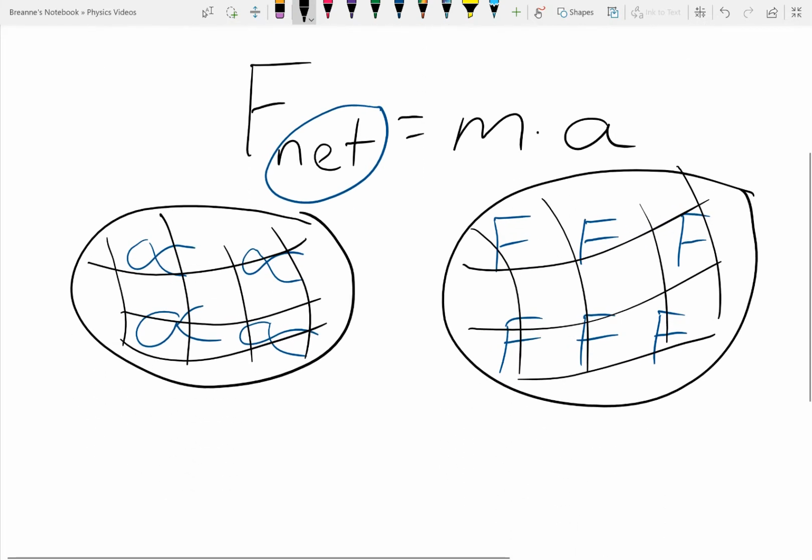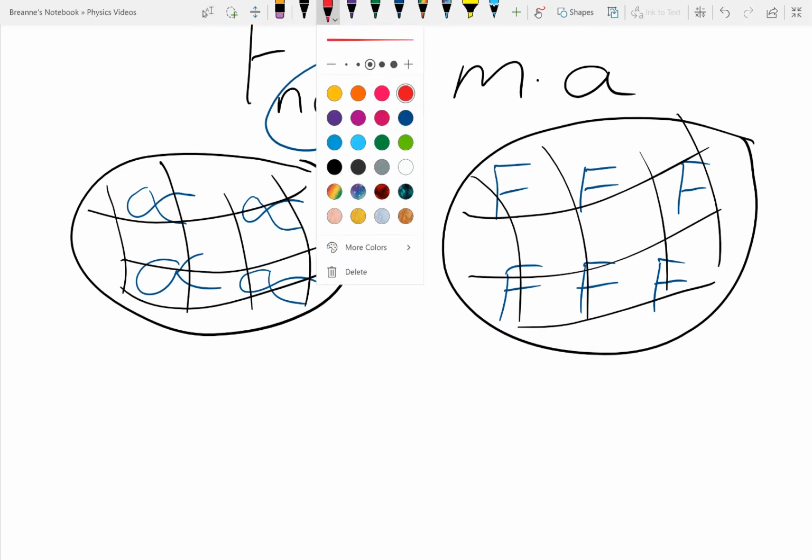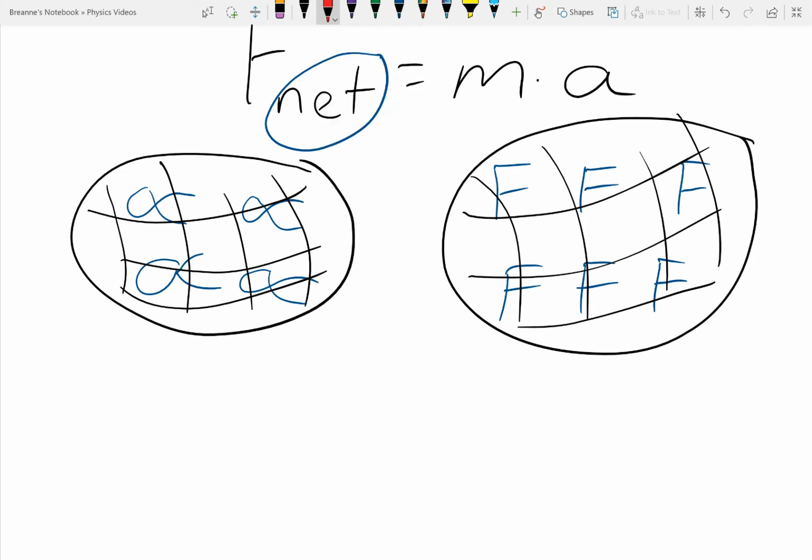Now, just like in fishing, you have some nets that are there to catch fish, and you have some nets that are there to catch crab and lobster. And so there's two different types of nets out there. There's just two different types of net forces. So we have our little fishes, and we also have our little crabs or our little lobsters.